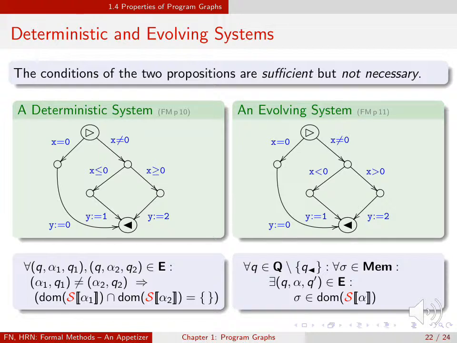If x is negative, we take a step to the right and a step to the left and reach the final node. However, the simple test for checking that this is an evolving system does not hold, because a node before the branch on the sign of x has nowhere to go if x is 0. What saves the day is that this node is never reached when x is 0.